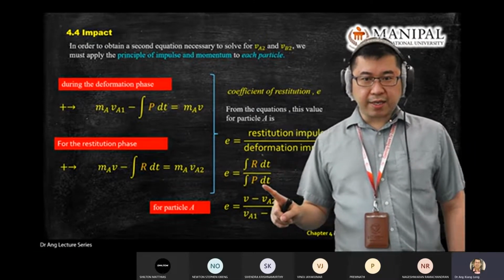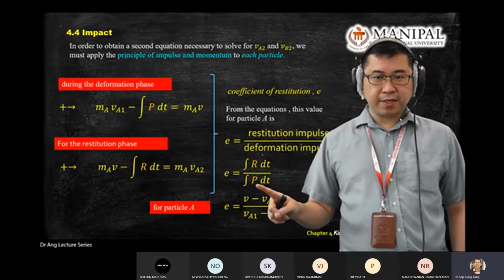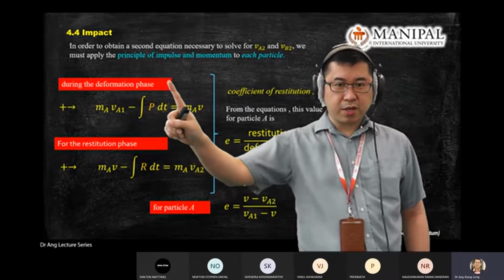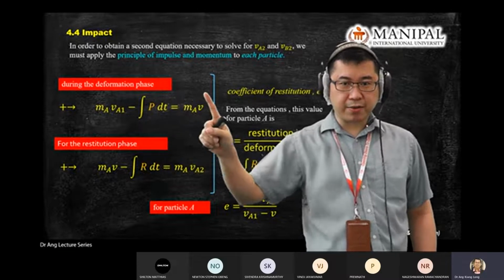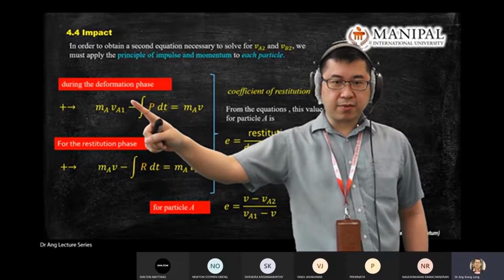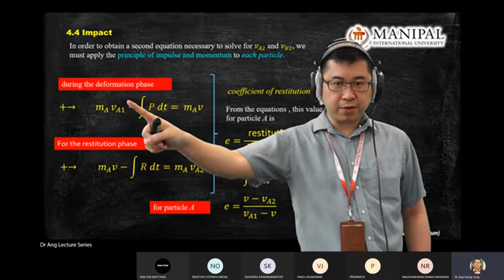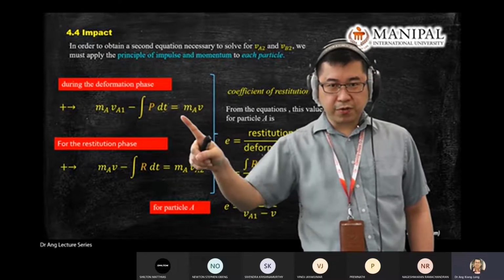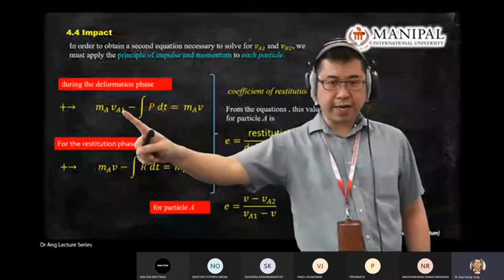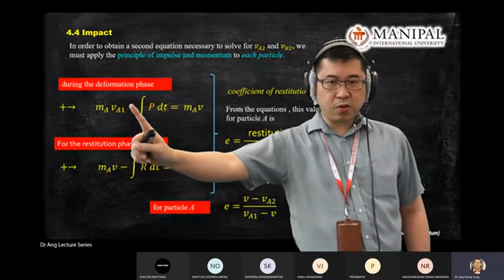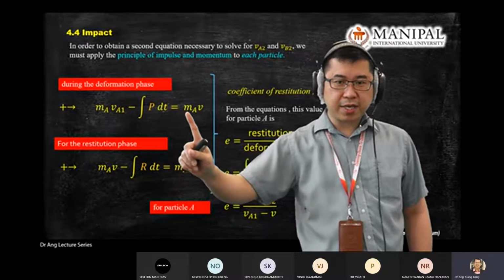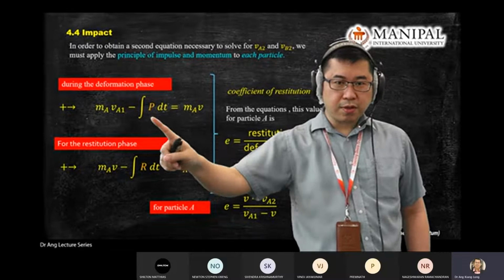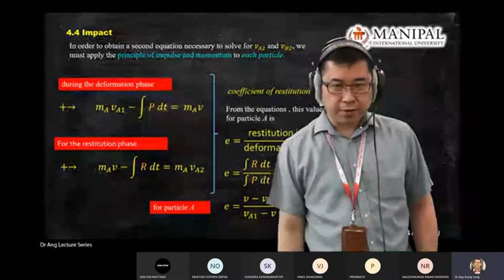How do you get the impulse for P here? Again, use this equation. Move this one to the right, you get positive again. You want to change this negative to positive. How do you do it? Move this whole set to the right hand side, and you get positive. Move this one to the left, you get MA VA1 minus MA V equal to your deformation impulse.